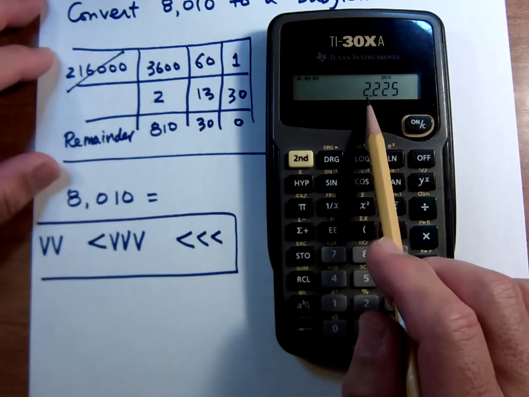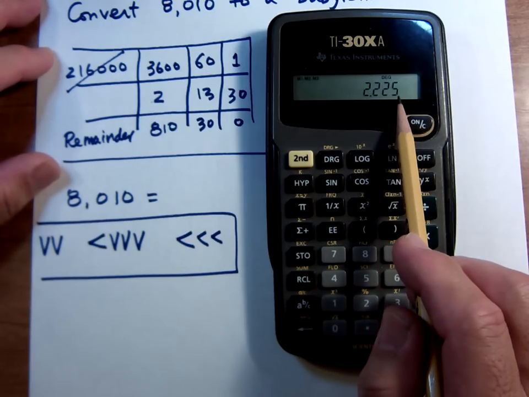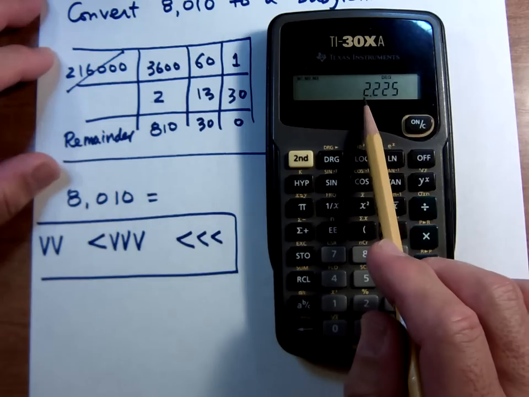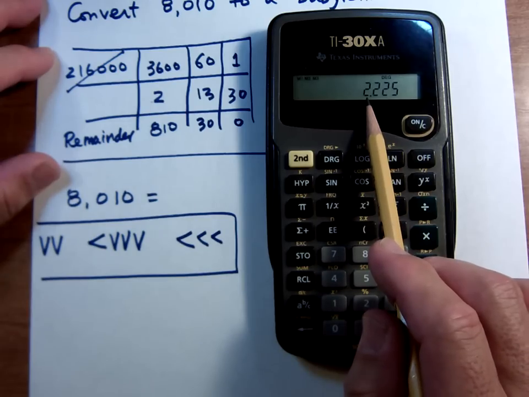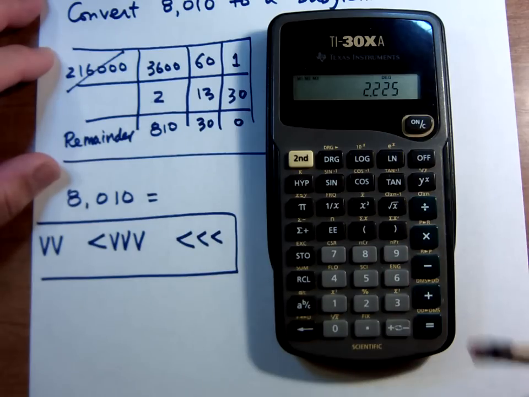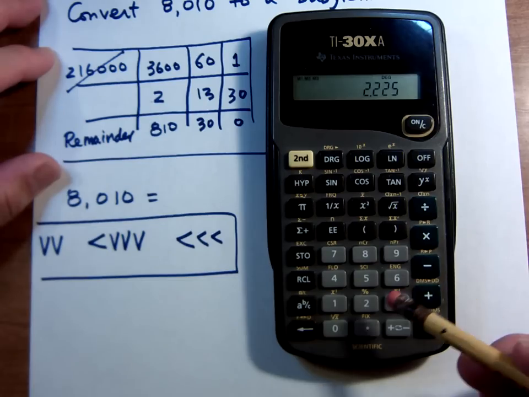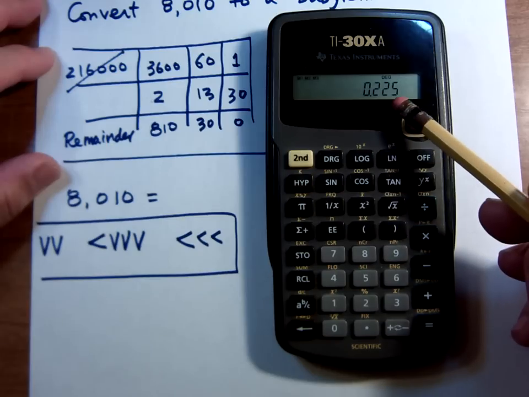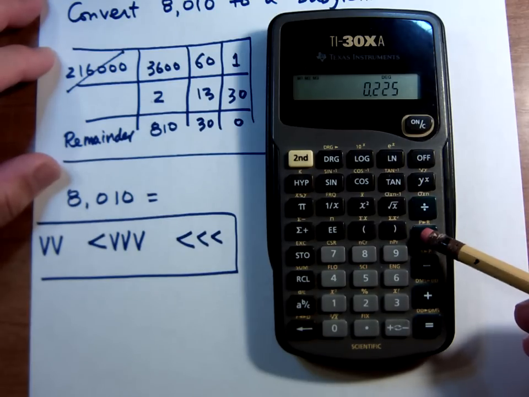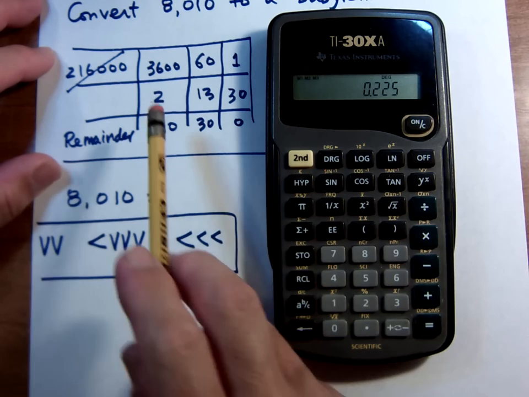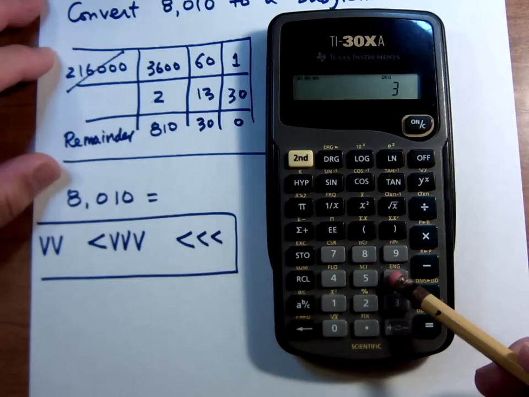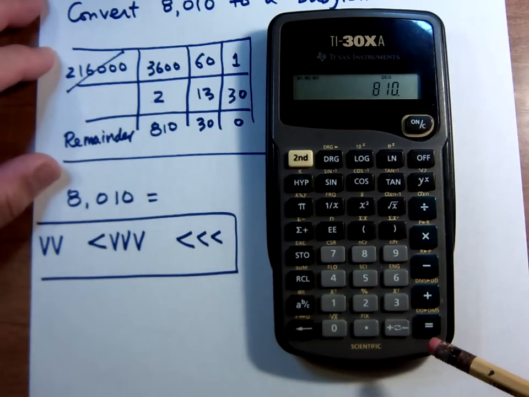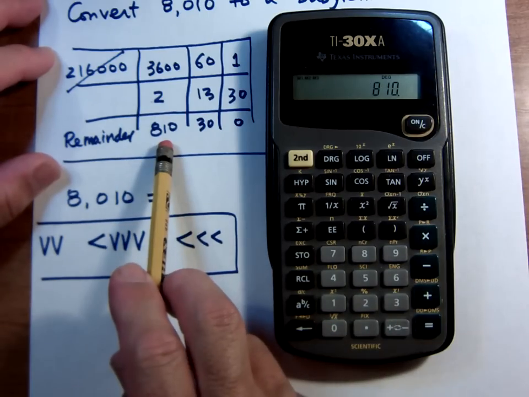The question is, how do we transform this decimal to 810? The little trick is, first remove the quotient, the whole number part 2, which can be easily done by simply subtracting 2, which leaves us just 0.225. Here's the important part: that needs to be multiplied by 3600, and automatically that gives us our remainder of 810.